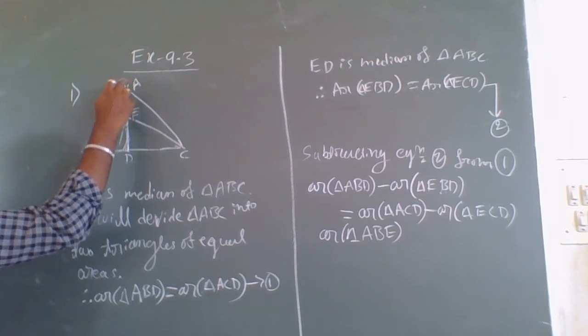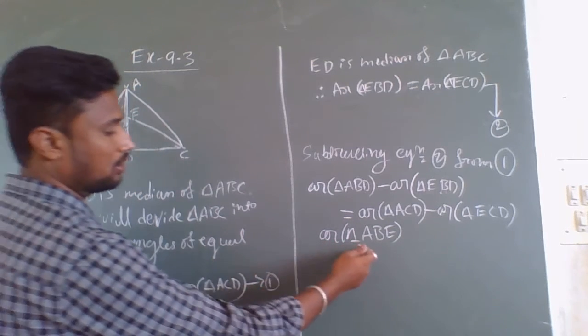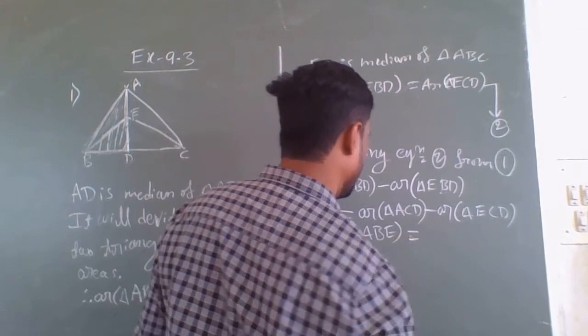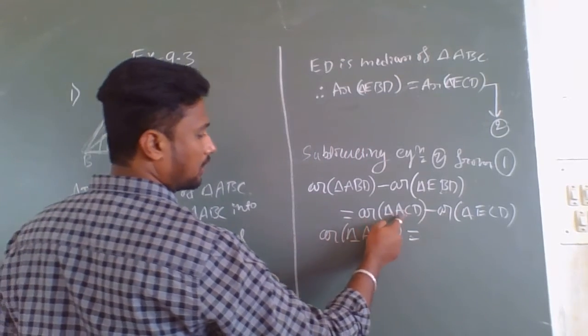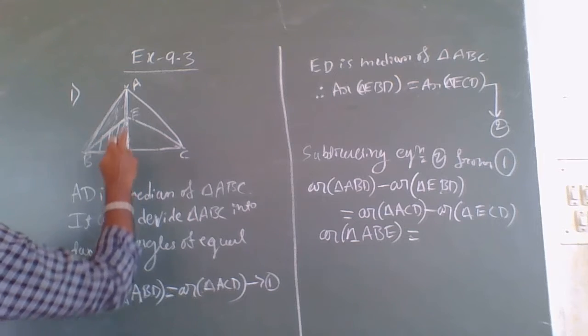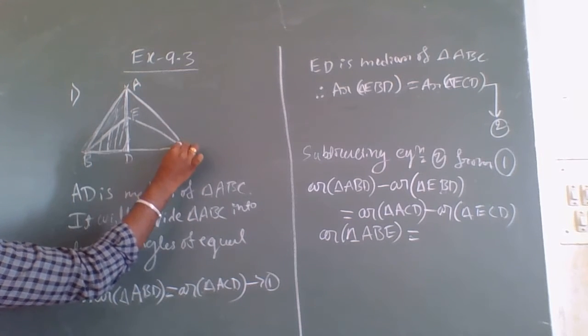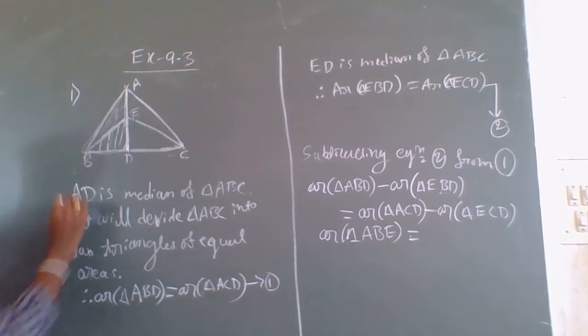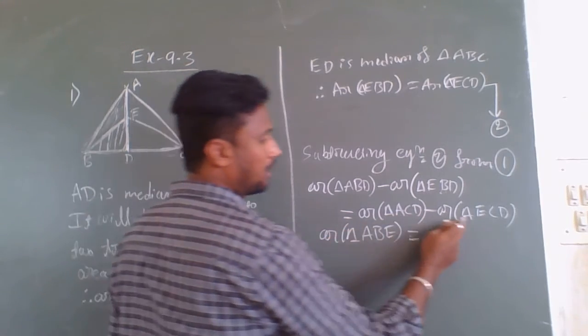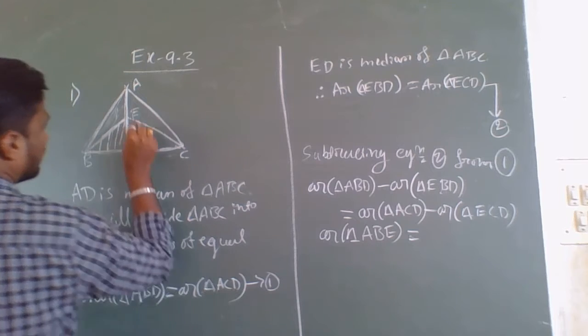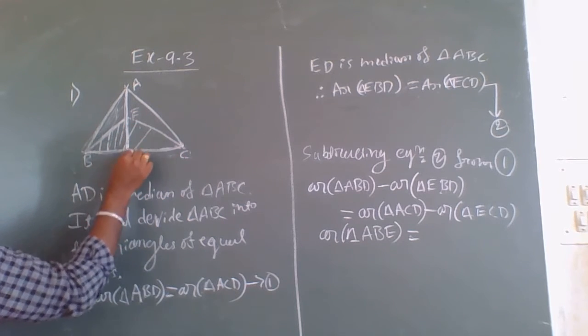So area of triangle ABE equals area of triangle ACD, this complete part, minus area of triangle ECD, this part again.